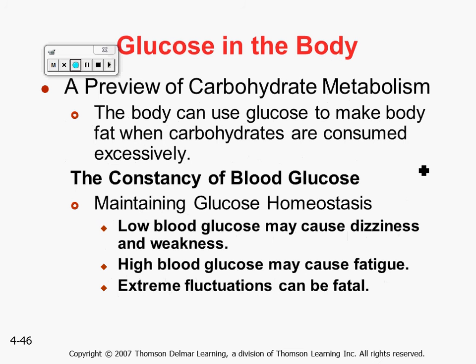So we want to maintain blood sugars in a normal range. High blood glucose can cause a lot of issues, fatigue, cause long-term damage to our eyes, our kidneys, any blood vessel in the body. Low blood glucose, you'll see the patient will feel dizzy and feel sick. They may have a headache. They may get cranky, right?